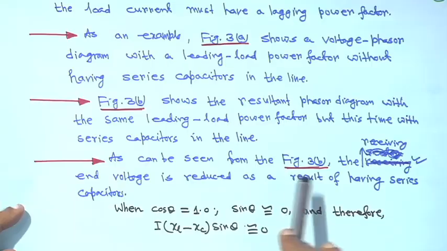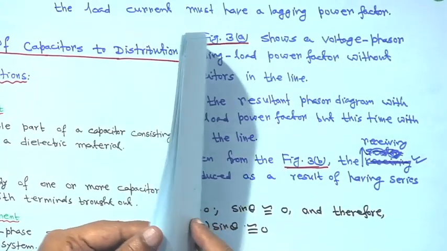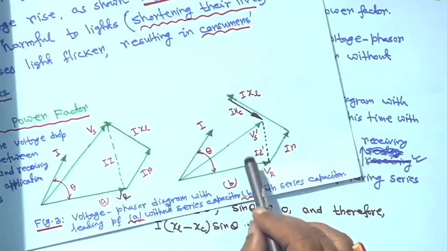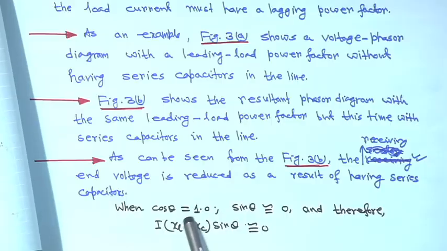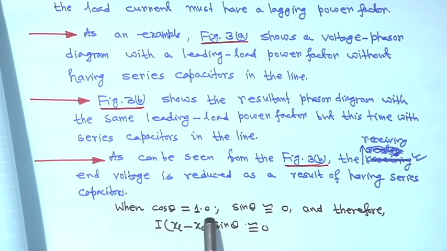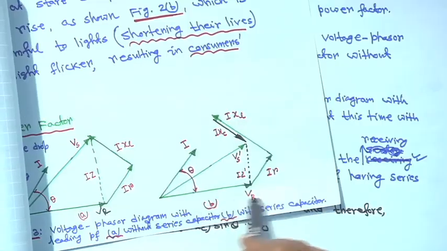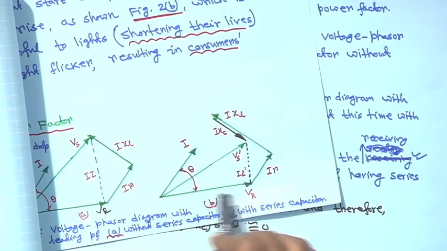As can be seen from figure 3b, this is figure 3b. If you assume the unity power factor case, cos theta equal to 1, then I and Vr are in the same phase, theta is 0.